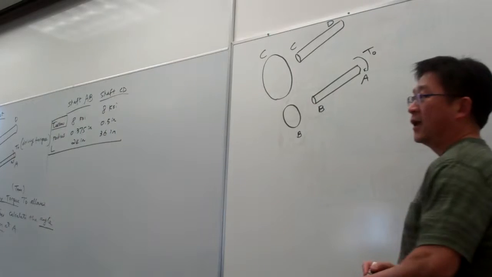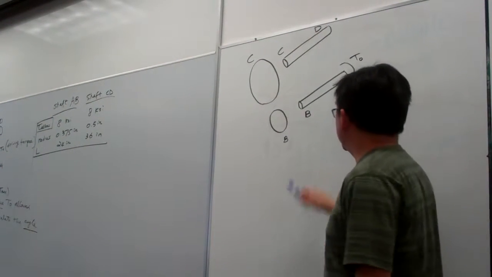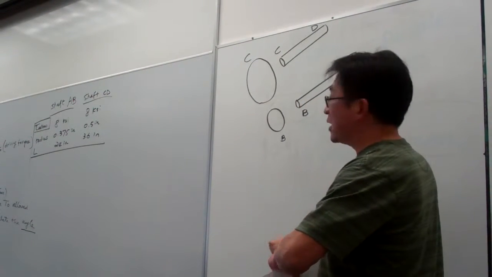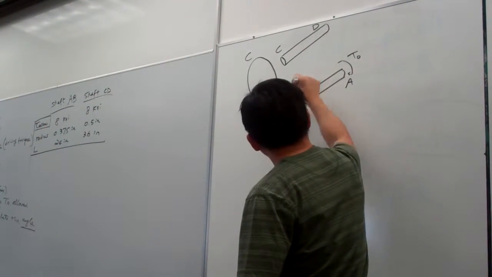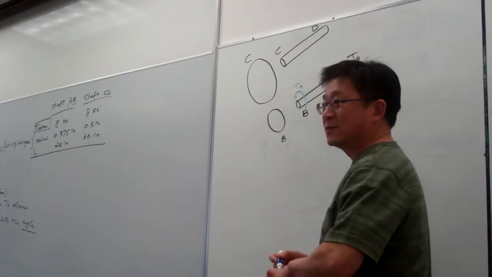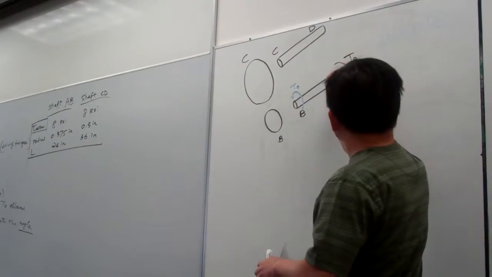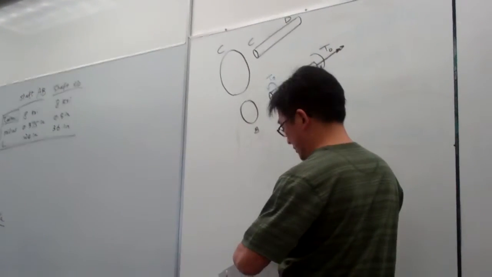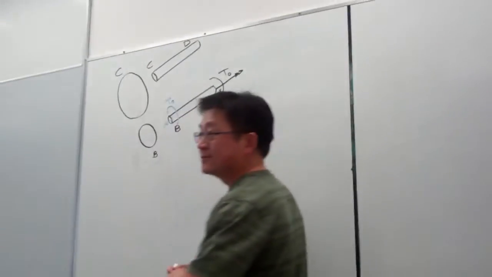For this problem, everything is in static equilibrium. So the torque is transmitted to the first free body, and it must be in balance. So this torque must be here, and the magnitude must be equal to T0. If I use the double arrow notation, it would be like this, and in this case the double arrow should be in this notation.